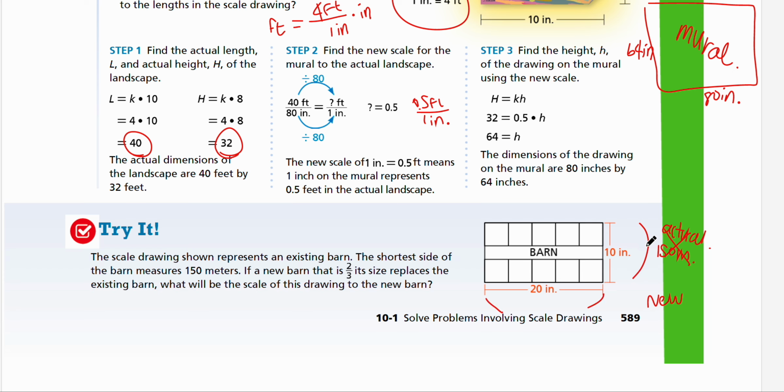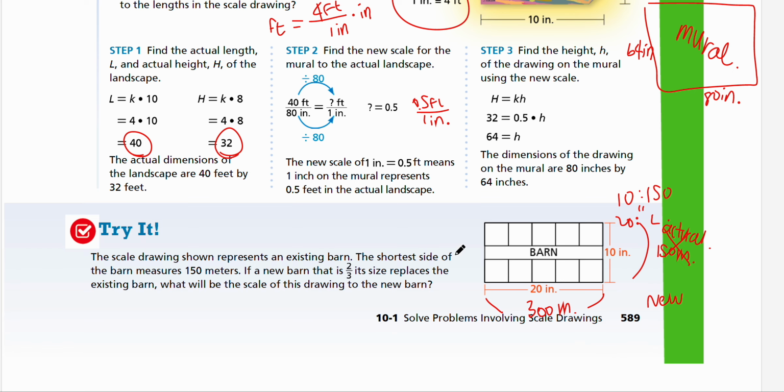So 10 to 150 should equal 20 to the actual length, right? 10 times 15 is 150, so 20 times 15 would give us the same thing. That would be 300, right? So the actual length would be 300 meters.